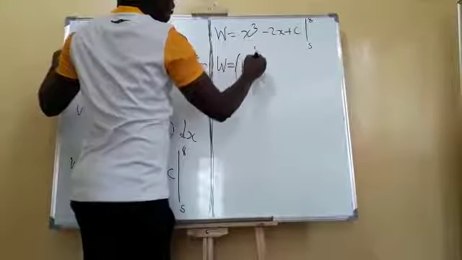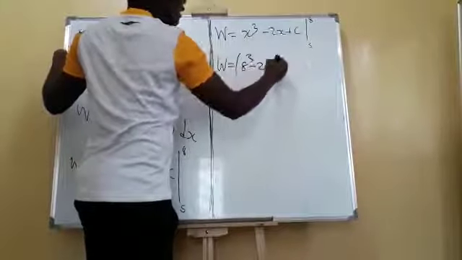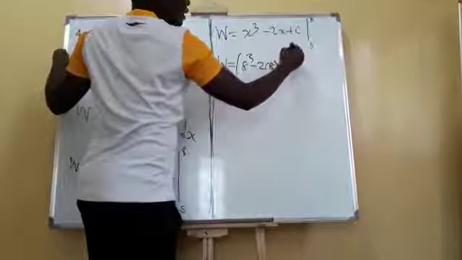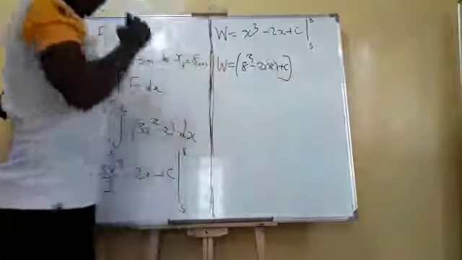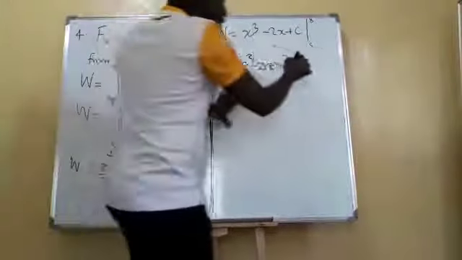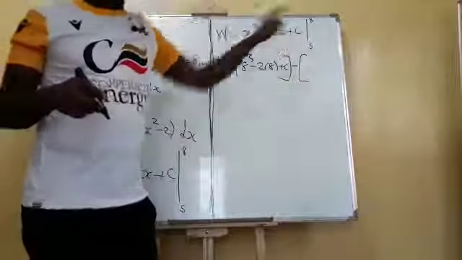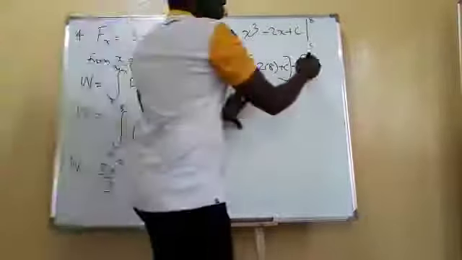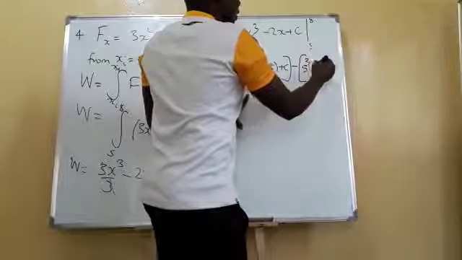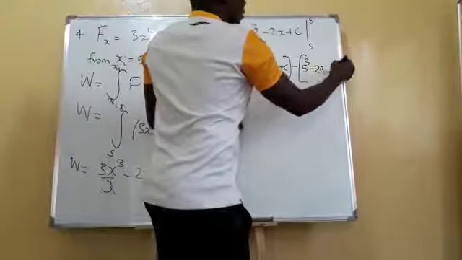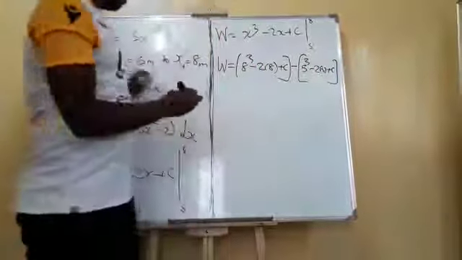So 8 cubed minus 2 times 8 plus a constant of integration. That is the upper limit minus the lower limit. Now we take the same expression, we replace by the lower limit, which is 5. So 5 cubed minus 2 times 5 plus constant of integration.